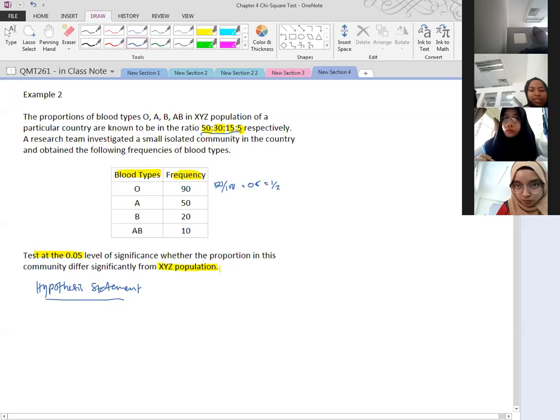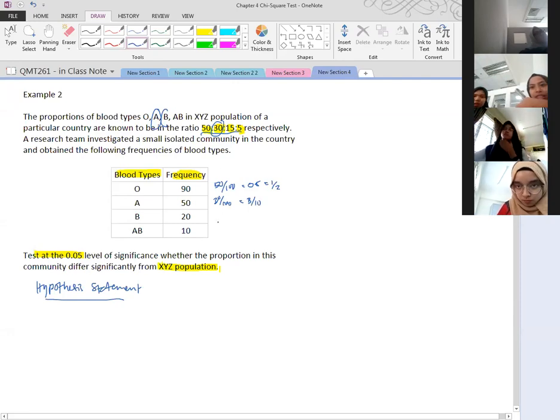The second proportion is 30 for A, so 30 over 100 should be equal to 3 over 10. Another one is 15 over 100, which is 3 over 20. And the last one is 5 over 100.